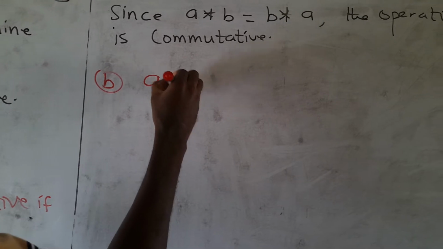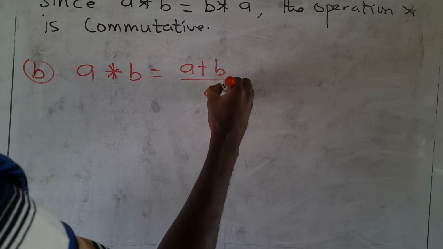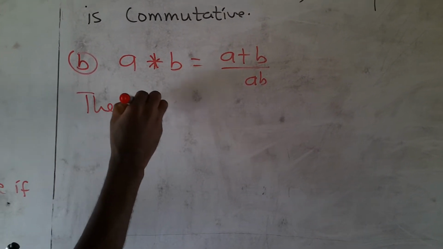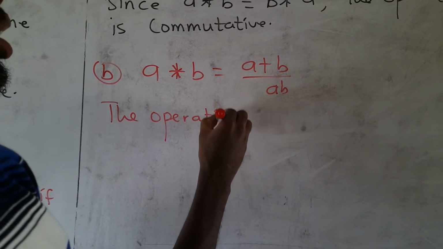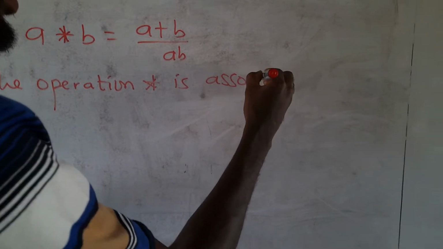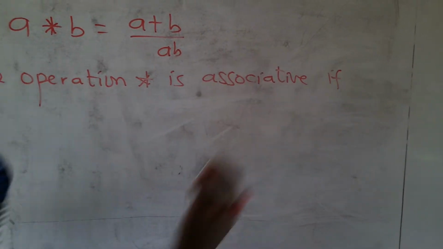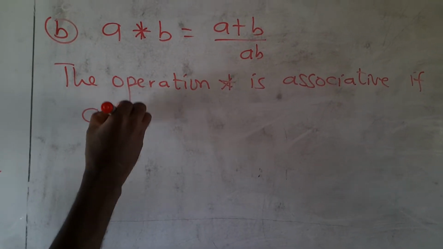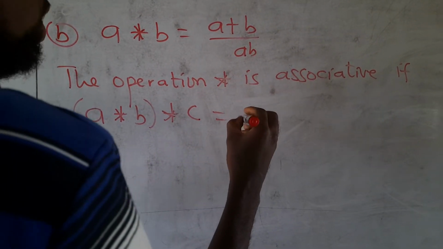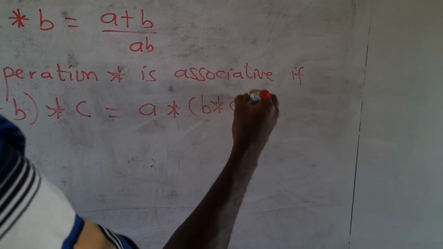Remember, A star B is given as A plus B over AB. So we said the operation star is associative if A star B in bracket star C is equal to A star, B star C in bracket.